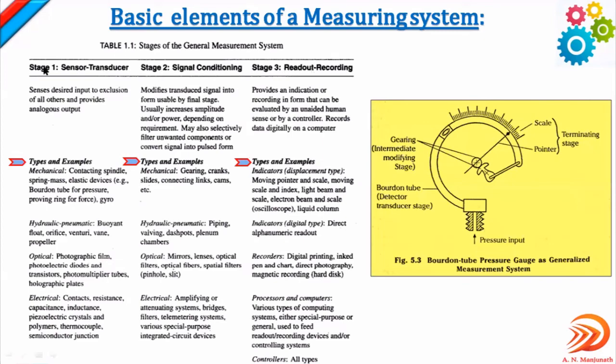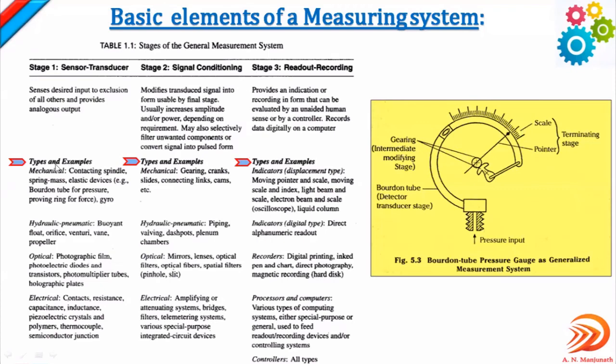You can see here, stage 1 is the sensor transducer stage, so this acts as the sensor, the first stage. The second one is signal conditioning, which acts as the conditioner, bringing the signal to a better level. The third is the readout stage or recording stage, the pointer moving on a scale.